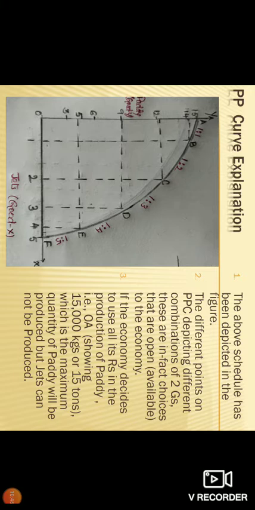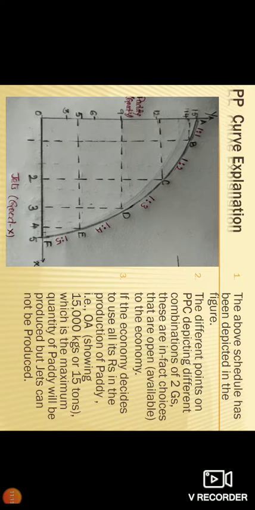Now, if you connect all the A, B, C, D, E and F, we get a curve. This curve slopes downwards from left to right. It is sloping downwards from the y-axis until it touches the x-axis.